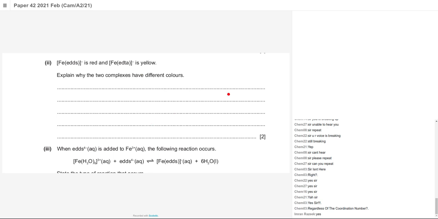Therefore, different complementary colors are seen.